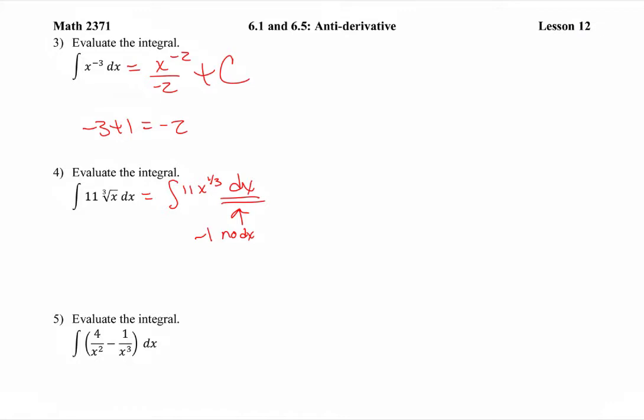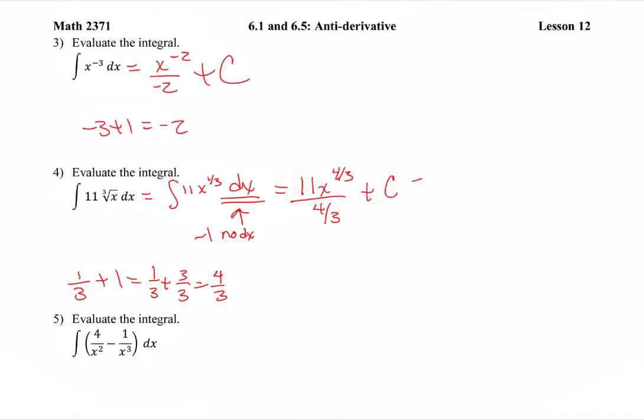Minus 1, no dx. All right, so 1/3 plus 1 is 1/3 plus 3 over 3, so that's 4/3. So this equals 11x to the 4/3 over 4/3 plus c.